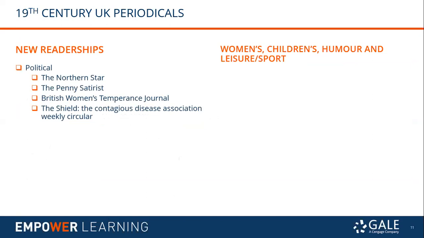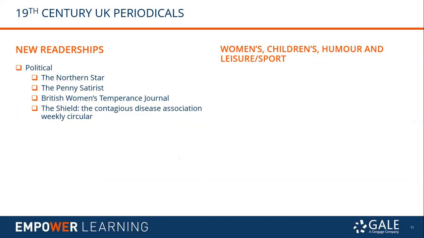Some specific content in terms of politics, you've got the Northern Star, you've got the Penny Satirist. One that nowadays is uniquely placed is something called the Shield, the Contagious Disease Association Weekly Circular. And I don't know that it has a lot to do with virus. It really focuses on women's issues.